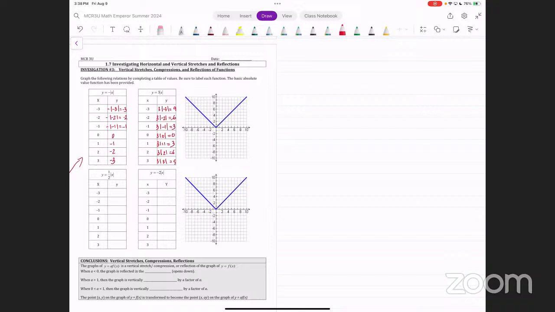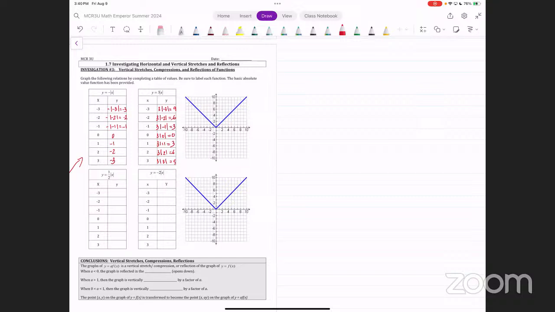It's come inside the blue curve. Second one's narrower, right?